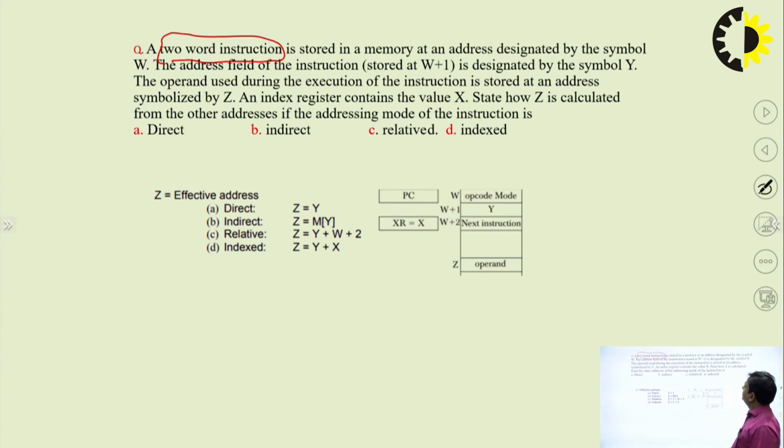A 2-word instruction is stored in memory at an address designated by the symbol W. So if this is the instruction at W, then the next word is W plus 1, right? The address field of the instruction is stored at W plus 1. So W plus 1 is my address field.